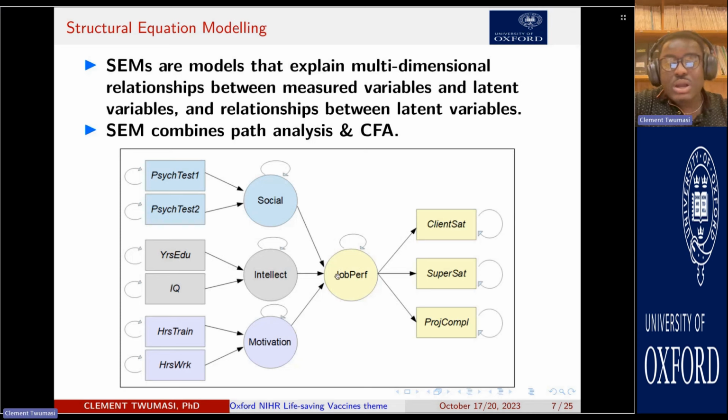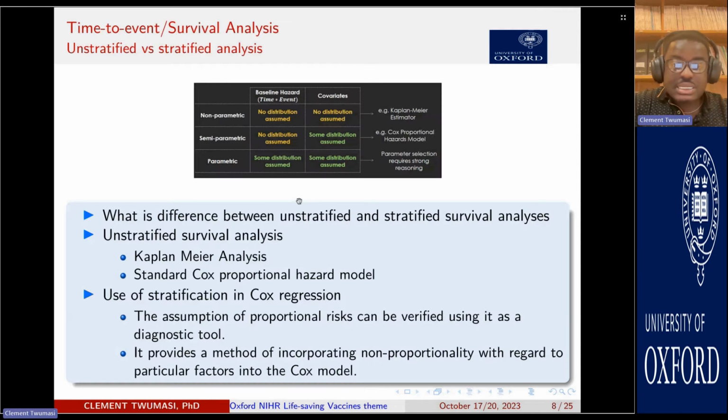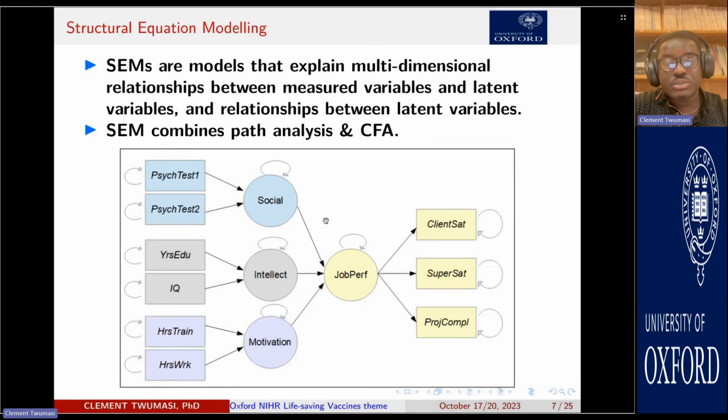But we are also trying to see if job performance could also predict these ones. So in structural equation modeling, when you see the square or rectangular objects, basically they are the observed variables, and the oval or circular shapes represent the latent variables. That is one clear distinction to know.